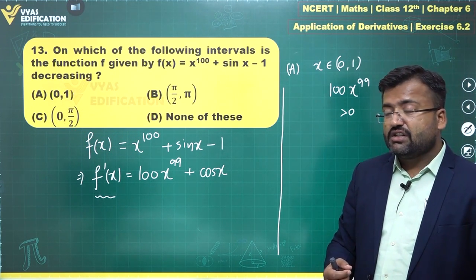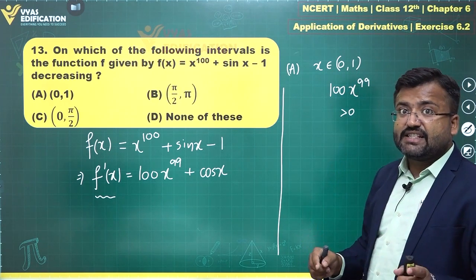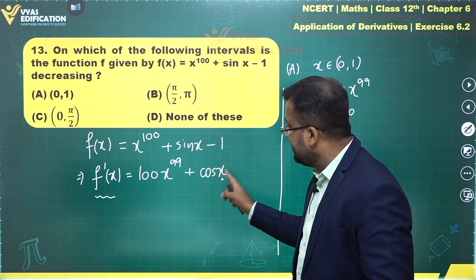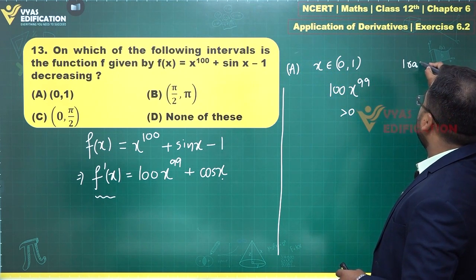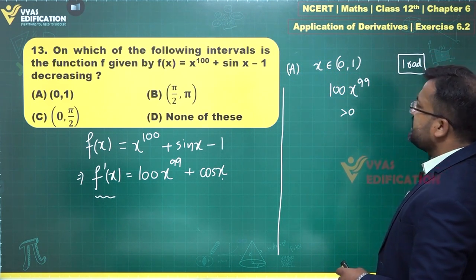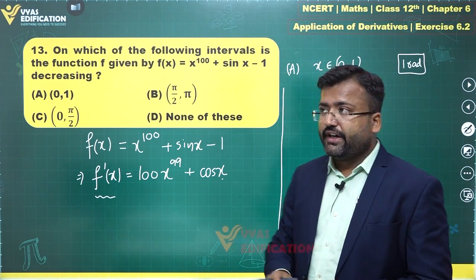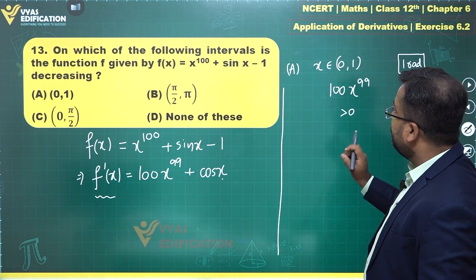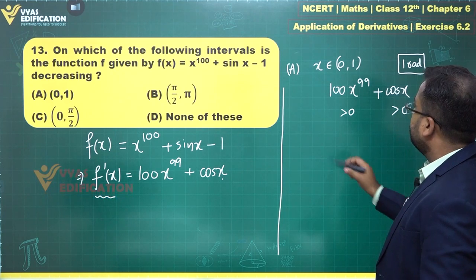This x is in radians, and 1 radian is approximately 57 degrees, so it is still in the first quadrant. All of these values lie in the first quadrant, so cos x is also greater than 0.